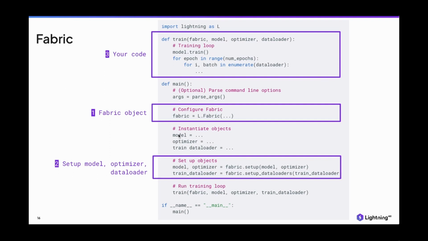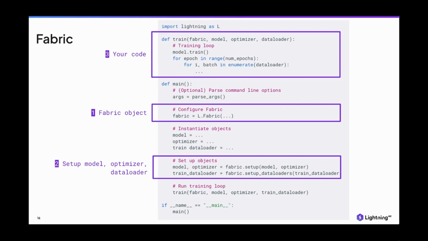And then I instantiate the objects just like I would do in standard PyTorch code. I instantiate my model, my optimizer, and so on. Then I just pass them into setup methods in Fabric, and Fabric augments them.